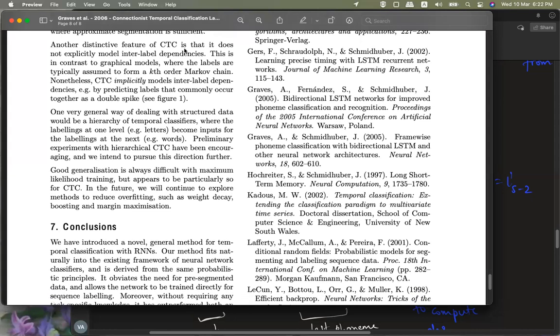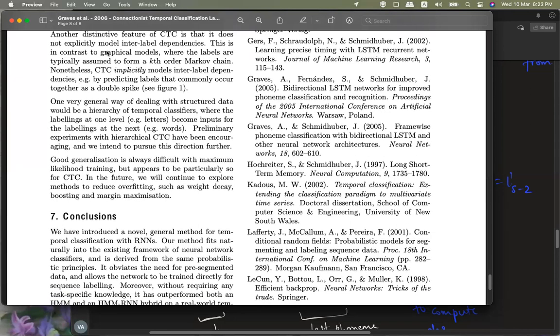Another distinctive feature of CTC is that it does not explicitly model interlabel dependencies. This is a point which we discussed. HMMs have transition probabilities because they use the first-order Markov assumption. But CTC, because it uses recurrent neural networks, can have long-term dependencies, and without any explicit form, it can just learn those.